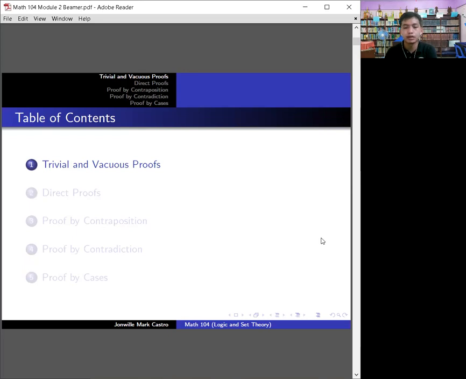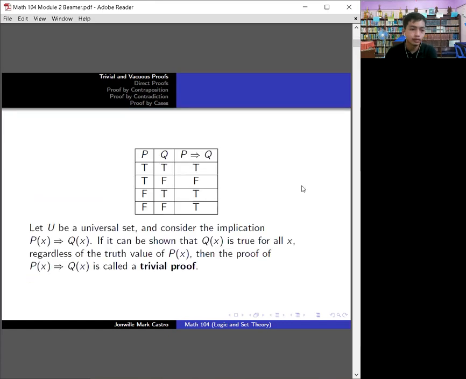So, karamihan ng mga results or sa math, mga proof ay ni-state as an implication. So, P implies Q or if P then Q. So, recall natin yung truth table natin ng implication. Ito siya.